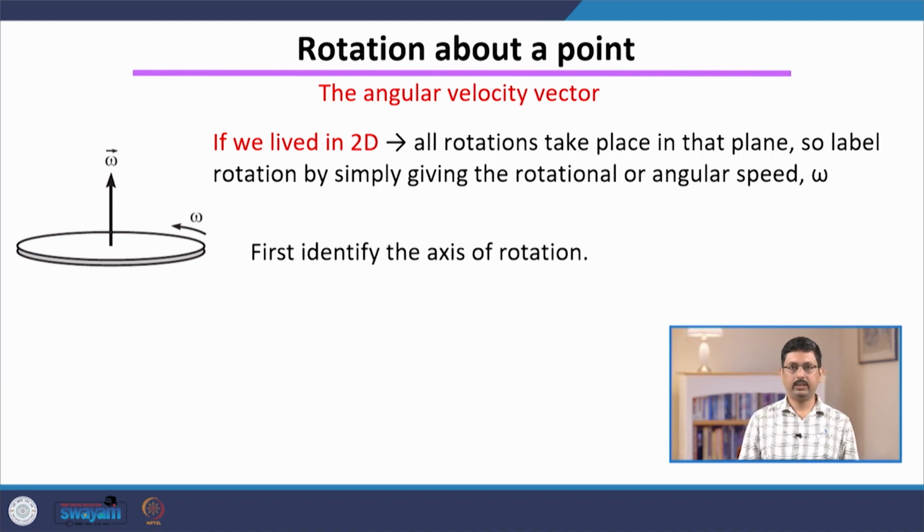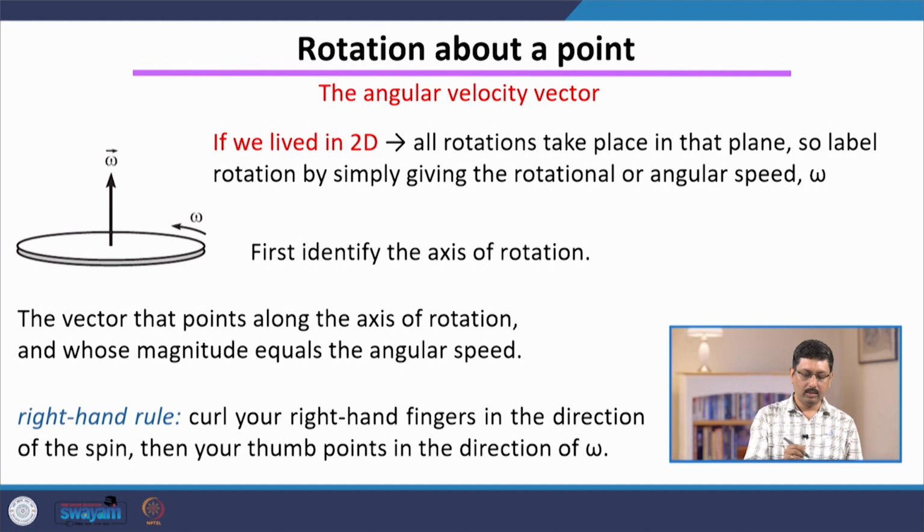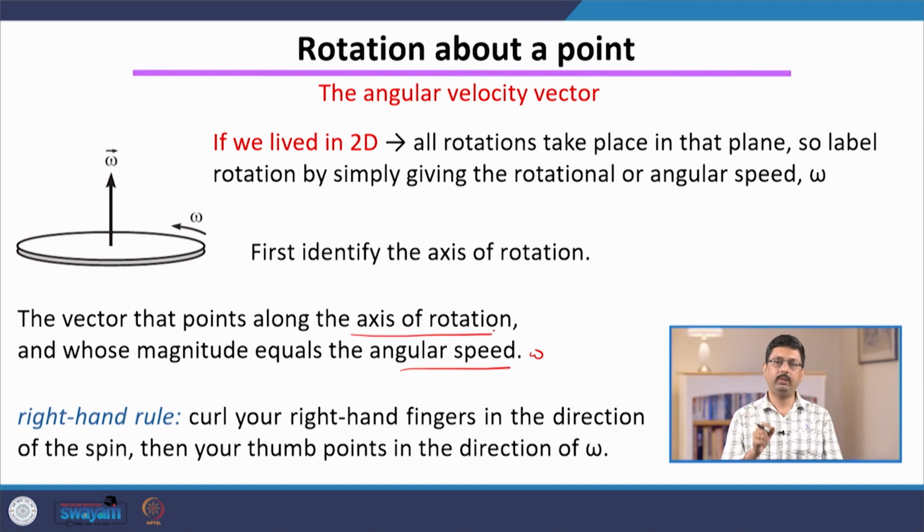So, how to describe it? First, we identify the axis of rotation such as the one shown here. Then consider a vector whose magnitude is the angular speed omega and whose direction is along the axis of rotation. Remember that the axis of rotation by definition is fixed, so the direction is fixed.